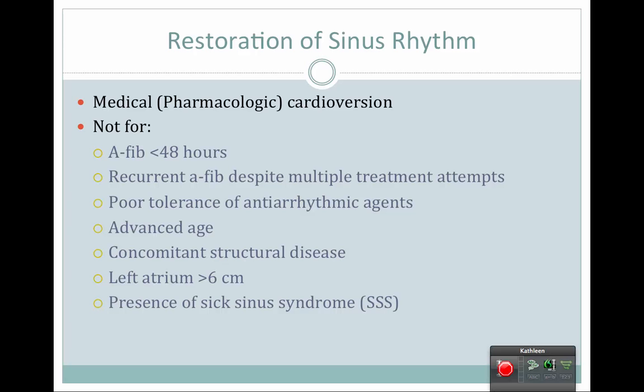In sick sinus syndrome, the sinus node isn't working anymore. And you can go into a much lower heart rate, after which other cardiac cells will actually kick in and a slower pacemaker will take over.